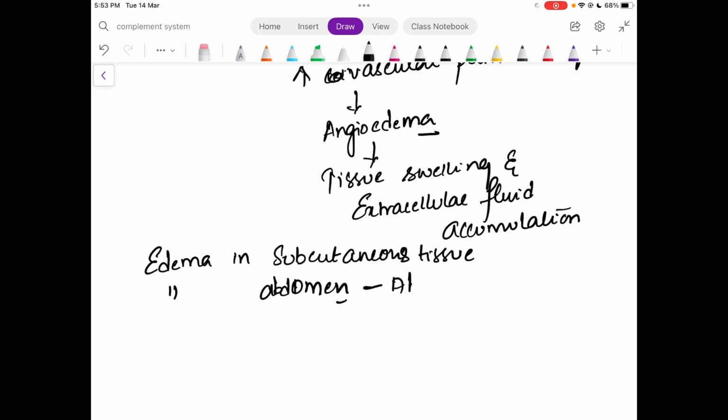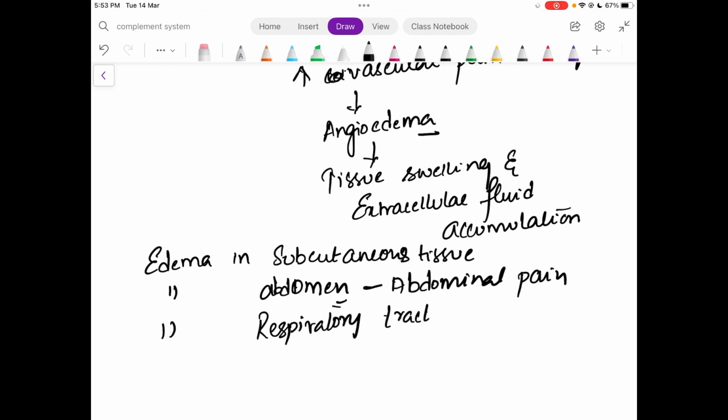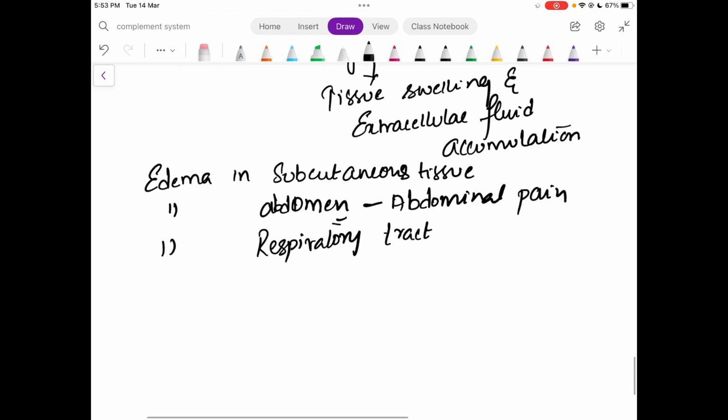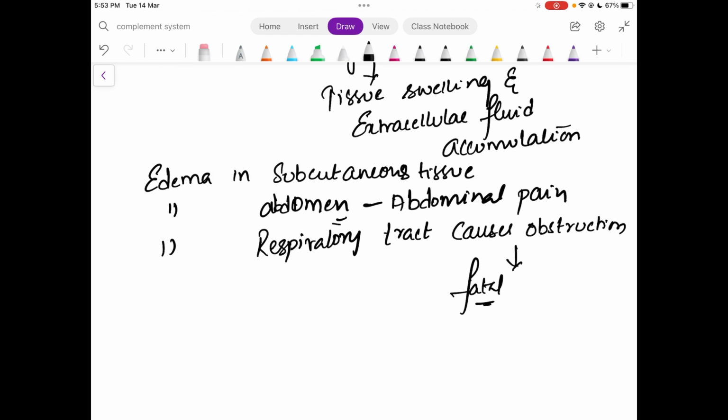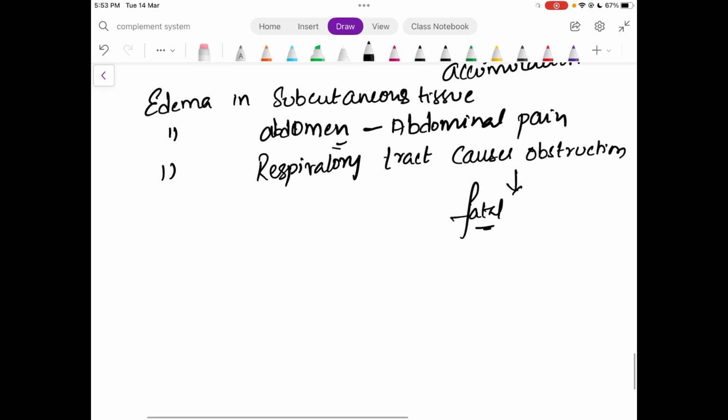They will cause abdominal pain, and edema in respiratory tract causes obstruction, which will be fatal. Respiratory tract obstruction can occur with the severe edema, and it is fatal.